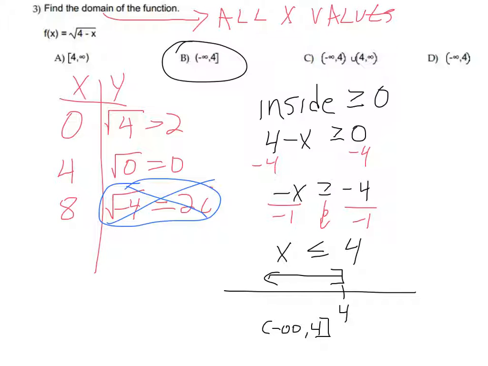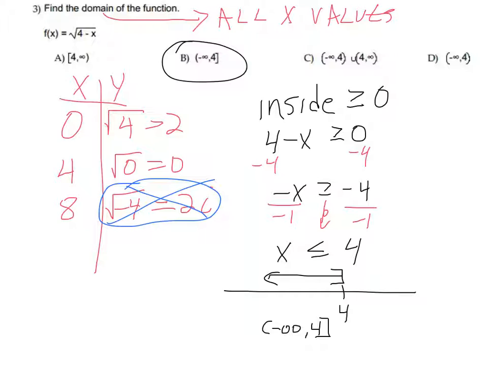So, in general, we want the inside of a square root to be greater than or equal to 0, and that'll solve all of them. In specifics, you might just see what value makes the inside 0, 4, and then figure out which side of 4 works, in this case the left side, and get it that way as well. Watch out also if it's a cube root.